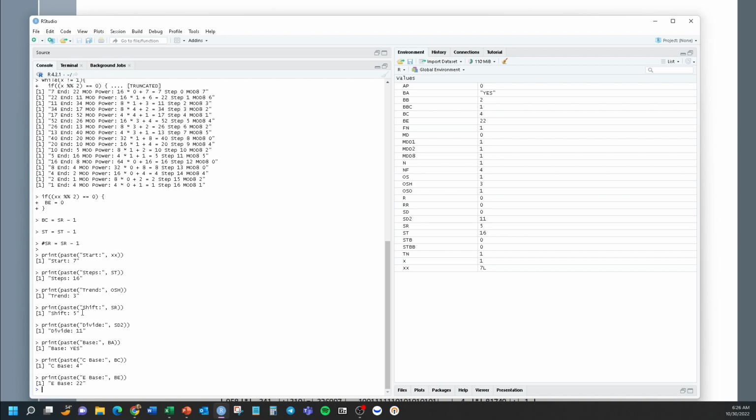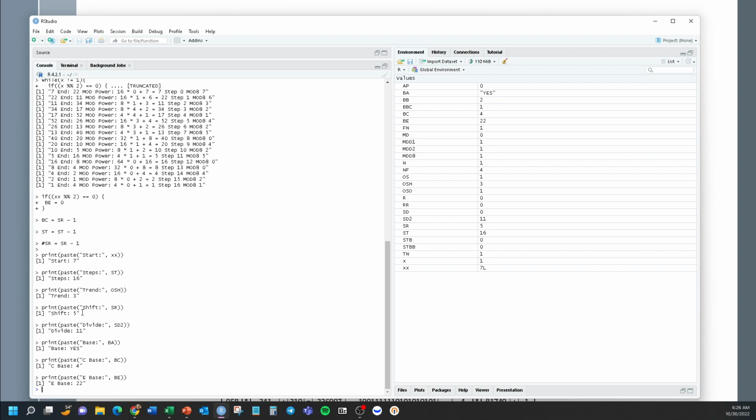So I have 5 numbers that I multiply by 3 and add 1. And then I divide by 2 11 times. Is this number a base?